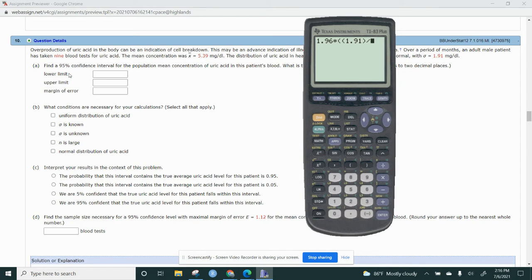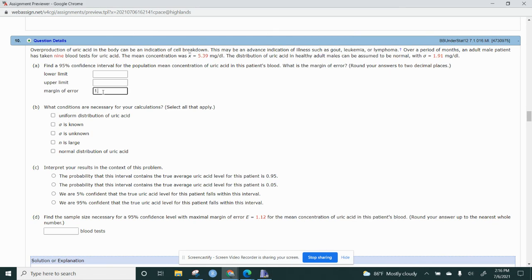Divided by, I have a sample size of 9, so I'm going to do the square root of 9. Close that parentheses, close it again, and I get a margin of error of 1.247. To make my life easier, because it wants 2 decimal places, this is going to be 1.25.